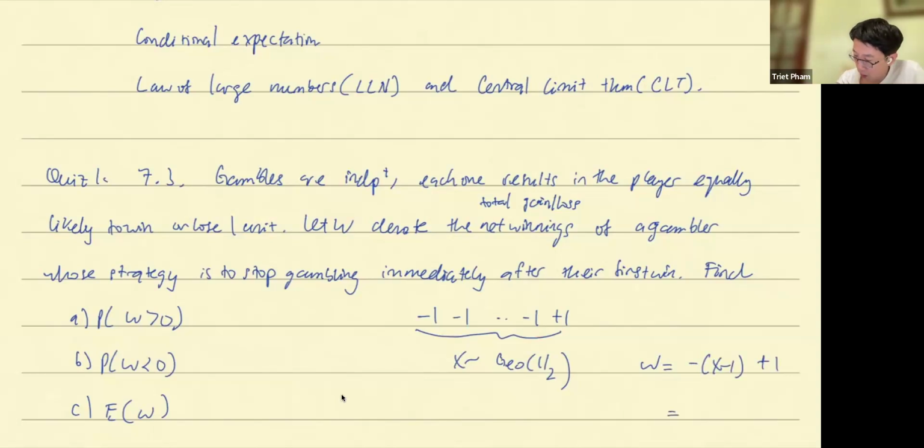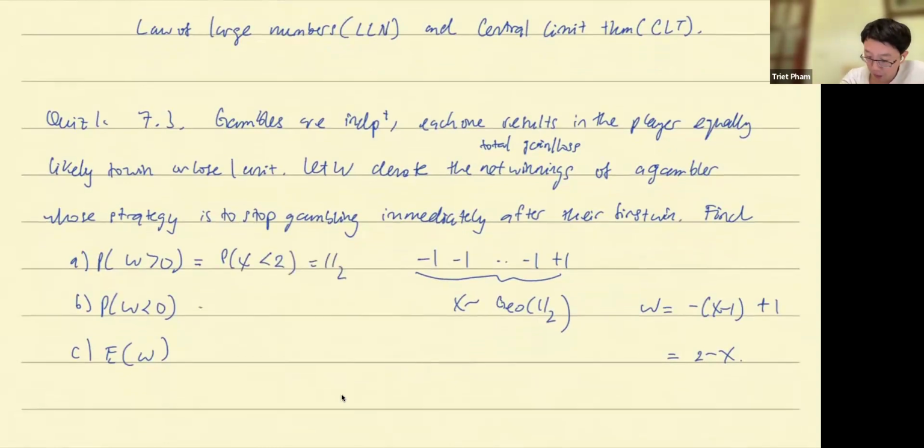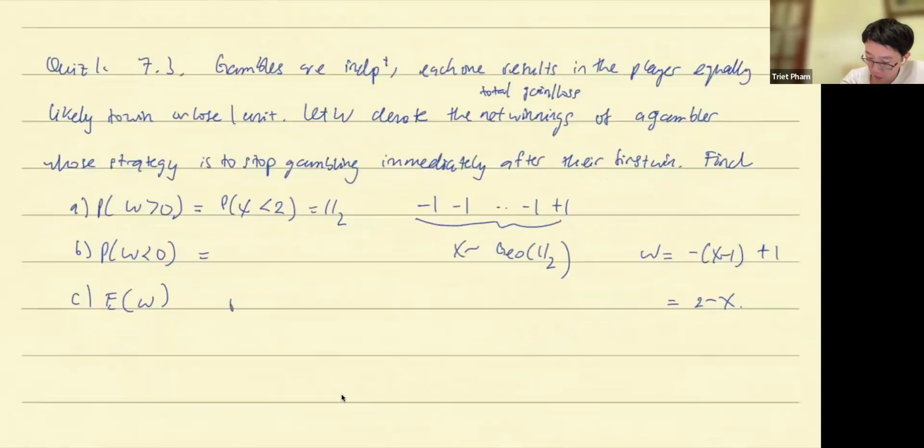Which is 2 minus X. And so probability W positive is probability X is less than 2, which is probability X equals 1, which is 1/2. Probability W is negative is probability X is bigger than 2, which is 1 minus probability X is equal to 1 or 2, which is 1 minus 1/2 minus 1/4, which is 1/4.